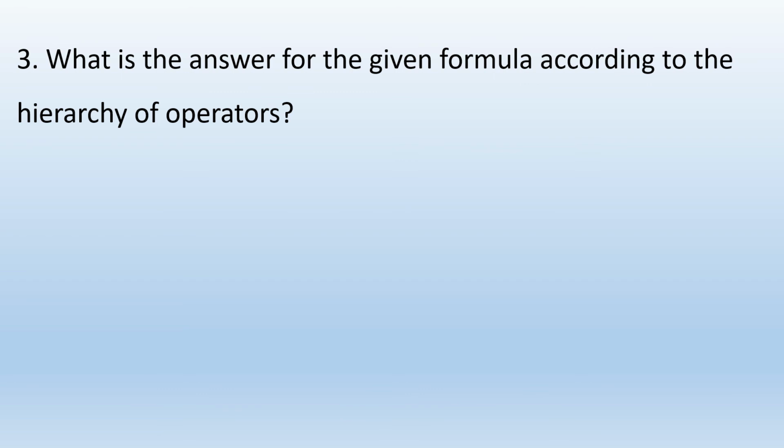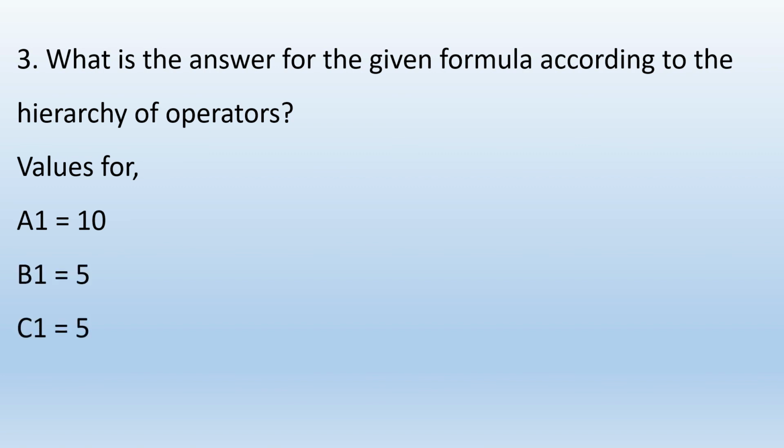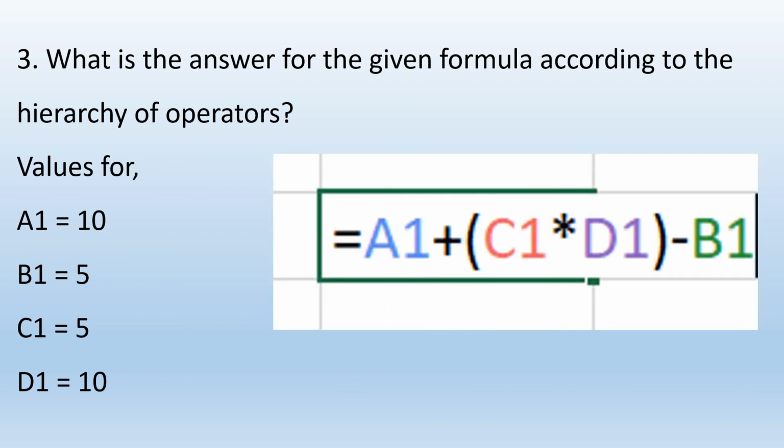What is the answer for the given formula according to the hierarchy of operators? Values for A1 is 10 and B1 is 5, C1 is 5, D1 is 10. If you take this, it first calculates the brackets with the multiplication sign and then the subtraction and then the addition.